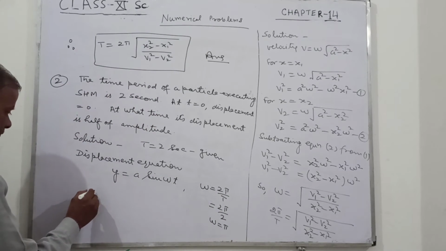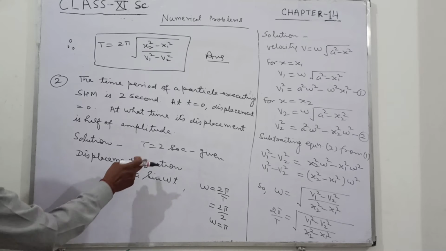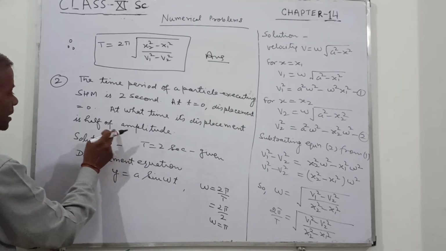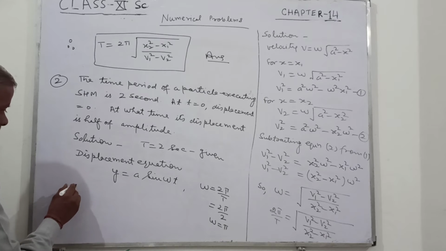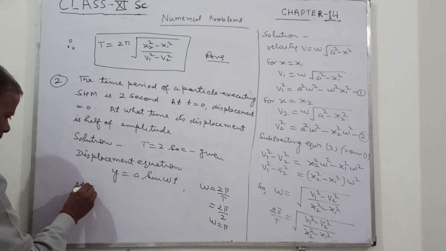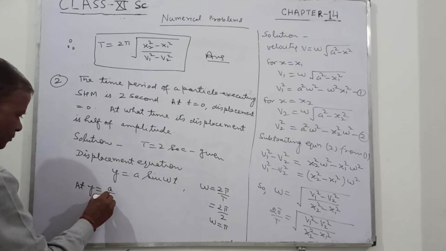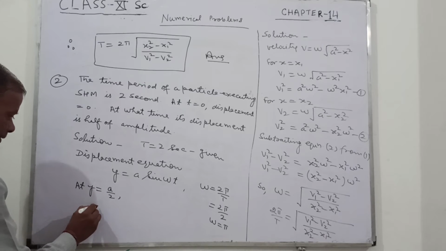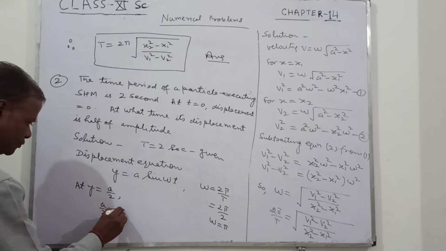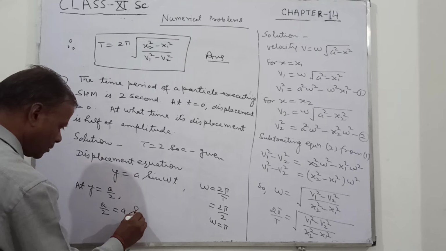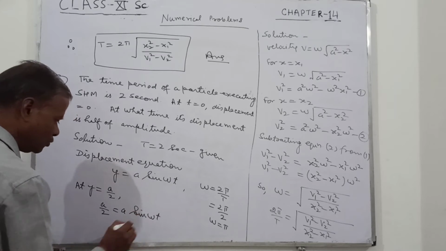Now you are given displacement half of the amplitude, so at y equal to a by 2, what will you have? a by 2 equal to a sin omega t.